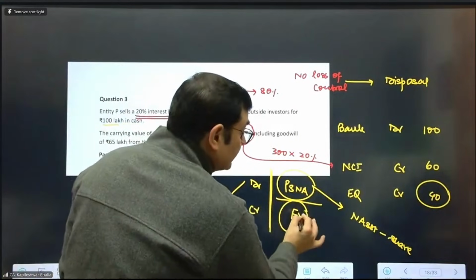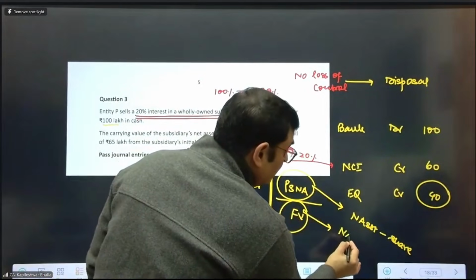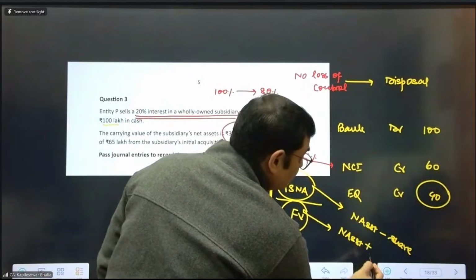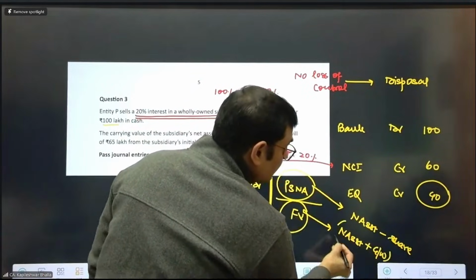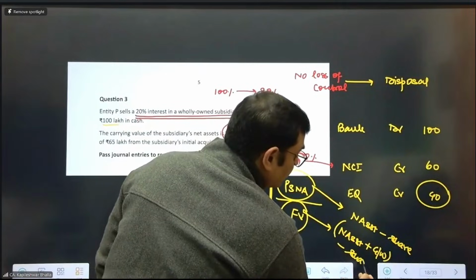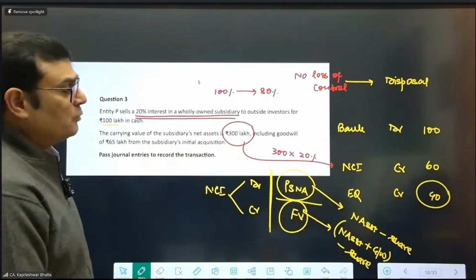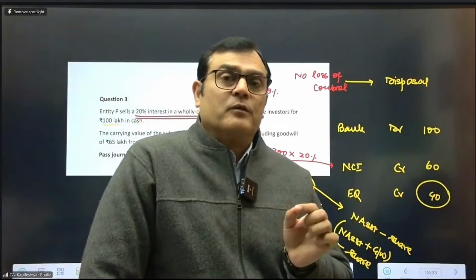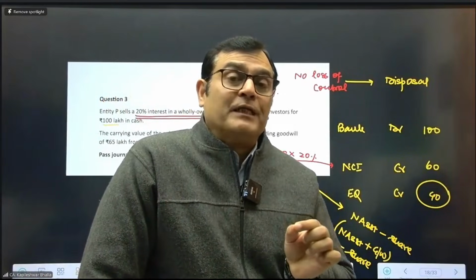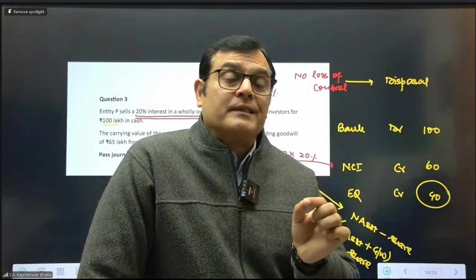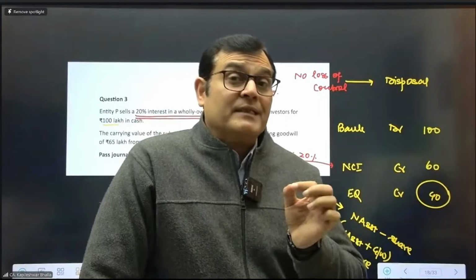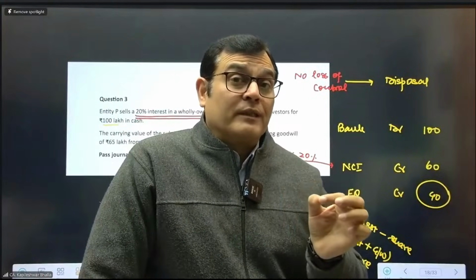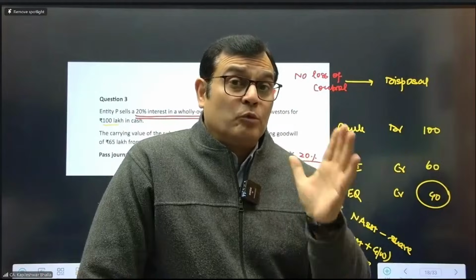But if the NCI is at fair value, we will take the share in net assets plus the goodwill. That means I will consider net assets plus goodwill and then take the share. Because if NCI is at fair value, it would appear in the balance sheet at share in net assets including goodwill. But if NCI is at PASNA, it will be recorded at the share in net assets without goodwill.